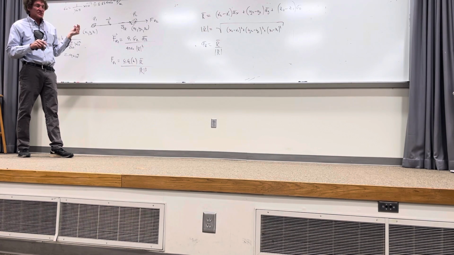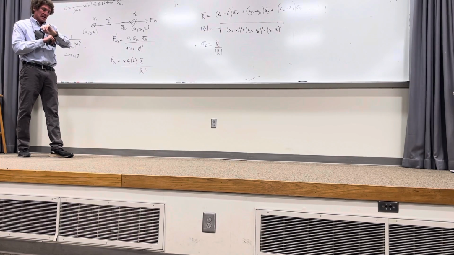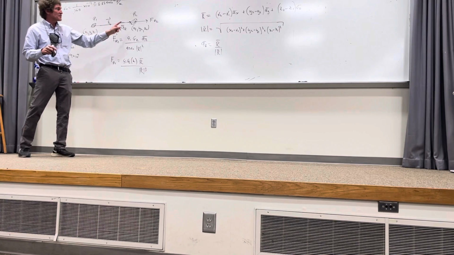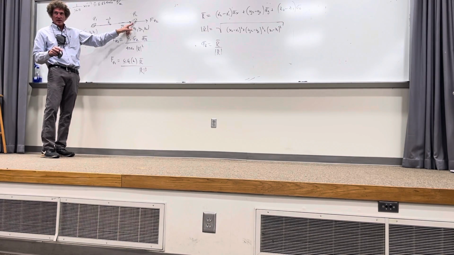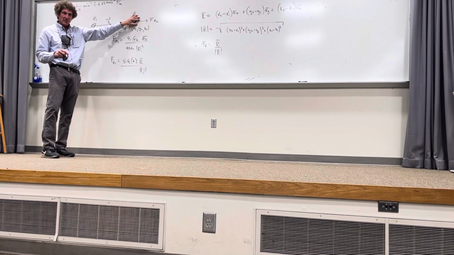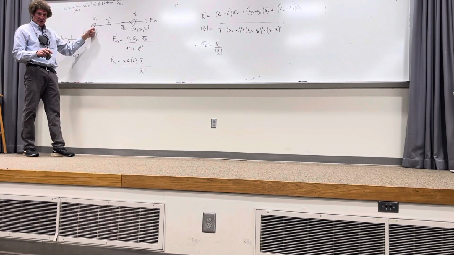Now, that's what the force is from a single charge. I'm gonna run out of time if I get too far ahead of myself, but I wanna say this. If we wanted the electric field at this point, where this charge is, it has nothing to do with the actual value of the charge here, just the value of the charge creating it, all right?